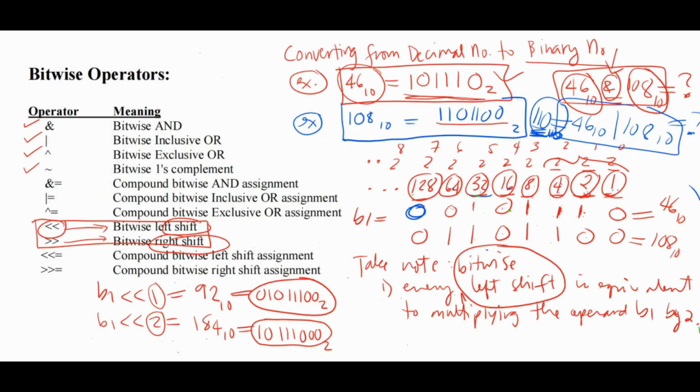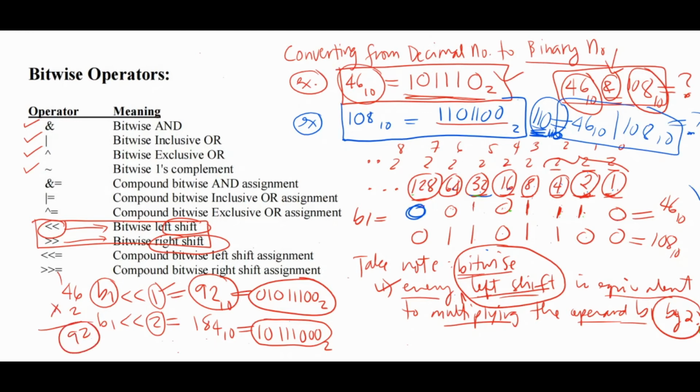So again, every bitwise left shift is equivalent to multiplying the operand by 2. So one shift like this results in the decimal number 92. The original value of B1 is 46. So from this, that bitwise left shift is equivalent to multiplying by 2. When we multiply 46 by 2, take note the result is 92.